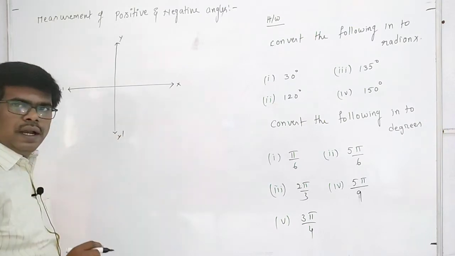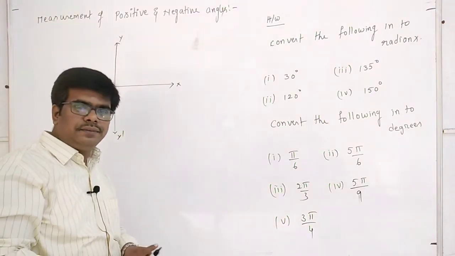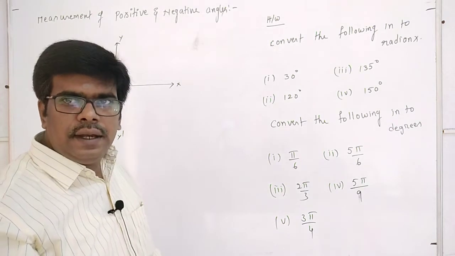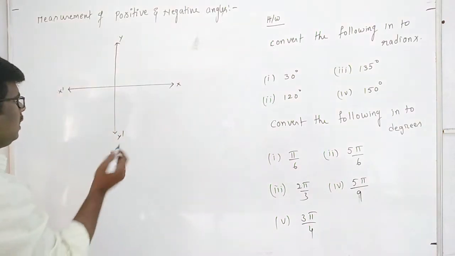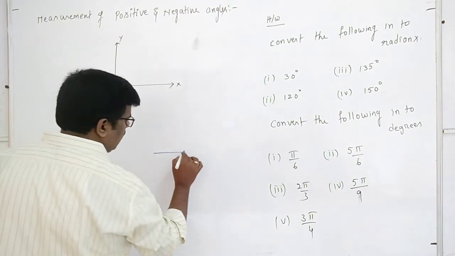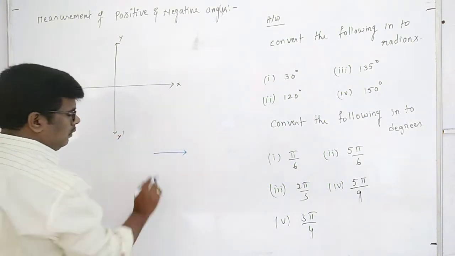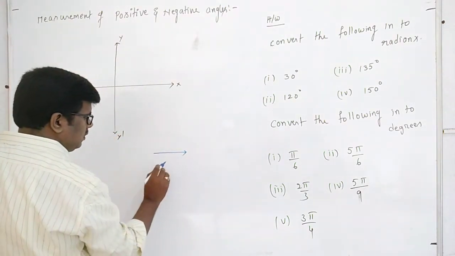In this, if you take a ray, this is the tail, this is the arrow, and this is what we can call a ray.